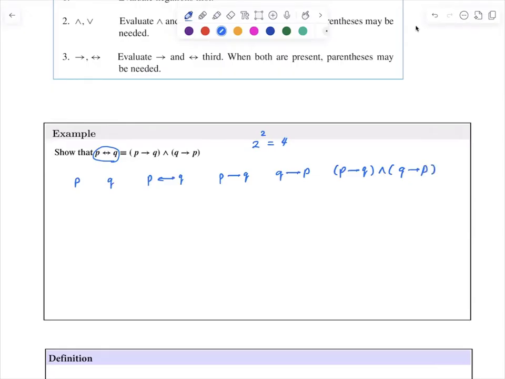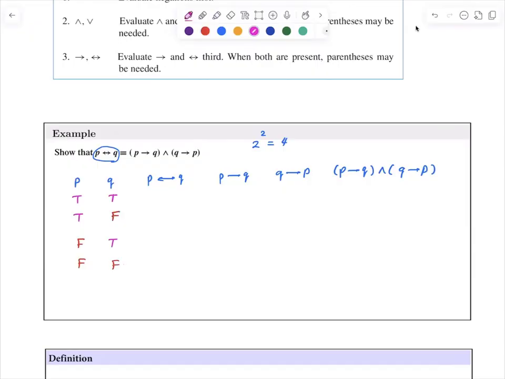So we want to show that two columns are the same. P can be true, it can be false, but since we have two statements, the combination is going to be 4. Q can be true and false as well. So true, false, true, false.